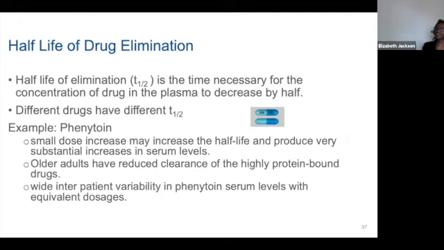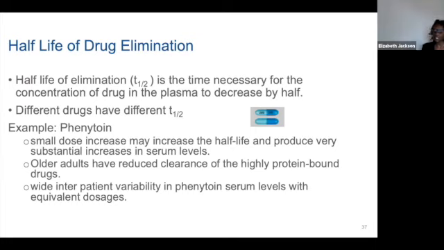Half-life elimination is another concept. This is the time necessary for the concentration of a drug in the plasma to decrease by half. T1/2 is just generally what is used to indicate half-life of a drug. Different drugs have different half-lives. An example would be phenytoin. Small dose increases may actually increase the half-life and produce very substantial increase in serum levels.